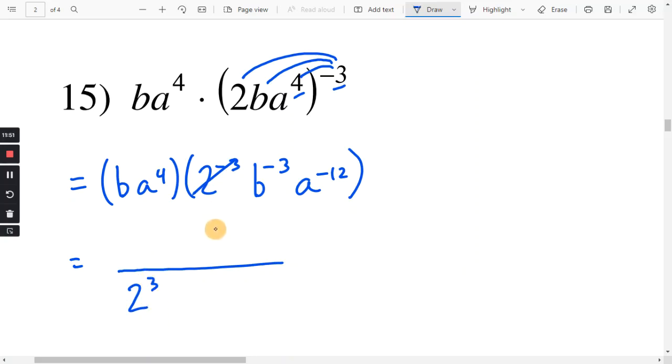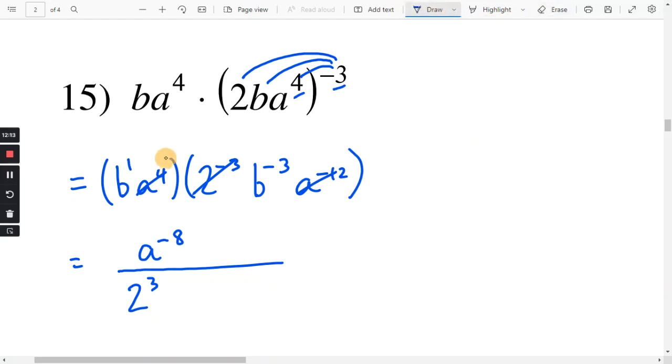Okay, and let's do the a's here. A to the 4th times a to the negative 12th. 4 plus negative 12 is going to be negative 8. So we got those. And then for the b's, if there's no exponent, it's automatically 1.